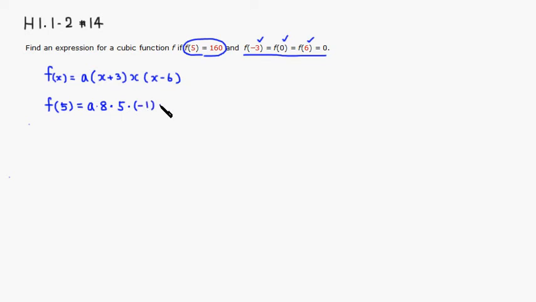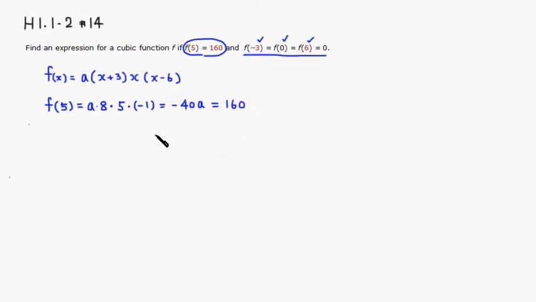So that's going to be negative: 5 times 8 is 40, so -40a, and this is equal to 160.